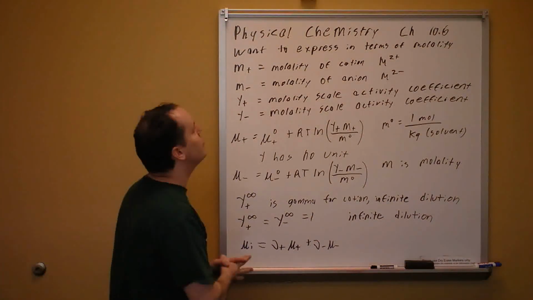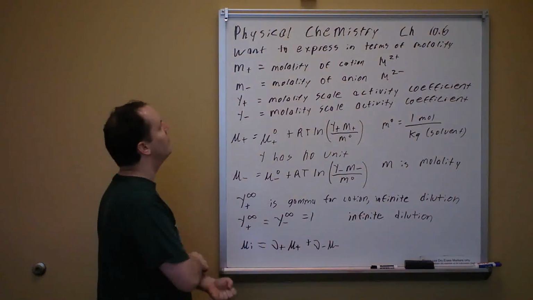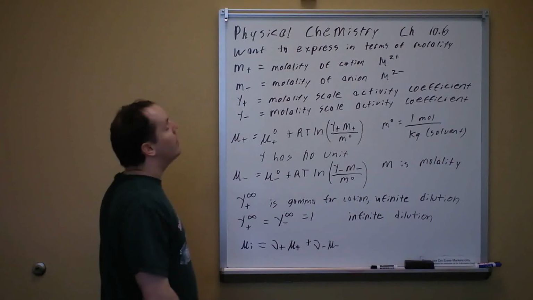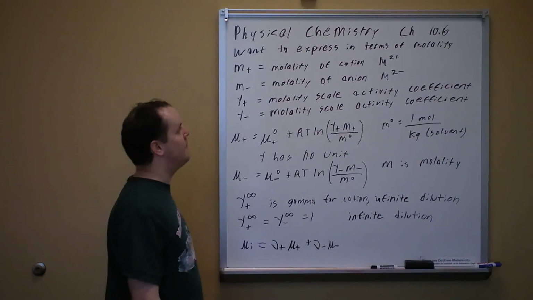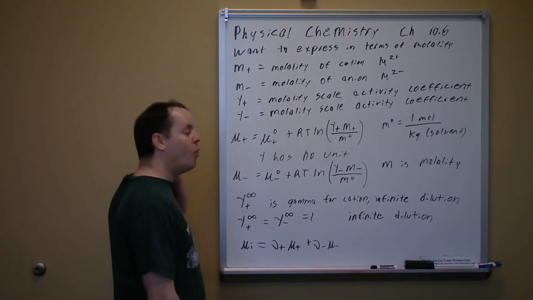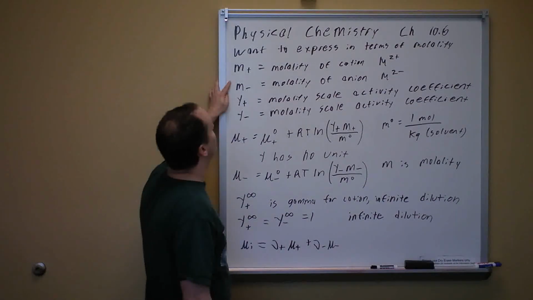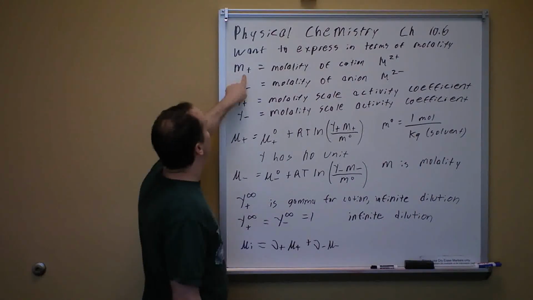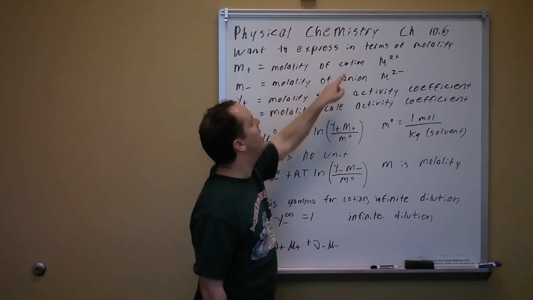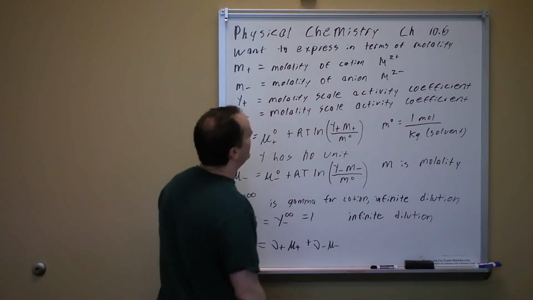Continuing on physical chemistry, chapter 10, we're in section 6 still. We're talking about electrolyte solutions. Now we were talking about how to find the chemical potential of a substance when it is in mole fraction form, but what we want to do is express it in terms of molality. So we're going to use lowercase m for molality, remember. So m plus would be the molality of our cation, remember, that's in the form of M to the z plus.